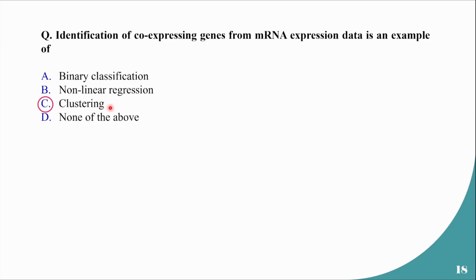Clustering is grouping data into different clusters, or clumps. So if you have co-expressing gene data in terms of expression level, you can group these mRNA expression data into different clusters and see whether multiple genes have overlapping sets of clusters. You can do different kinds of analysis, but that could be one way to find information regarding co-expressing genes. Okay, that is what the question was trying to ask.